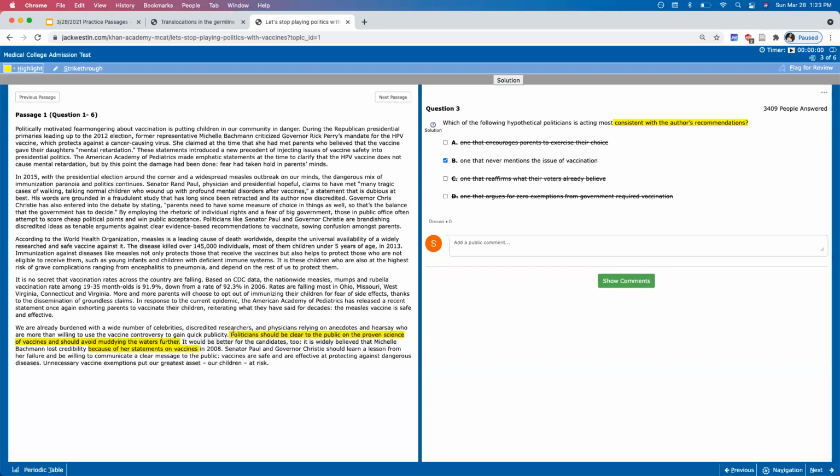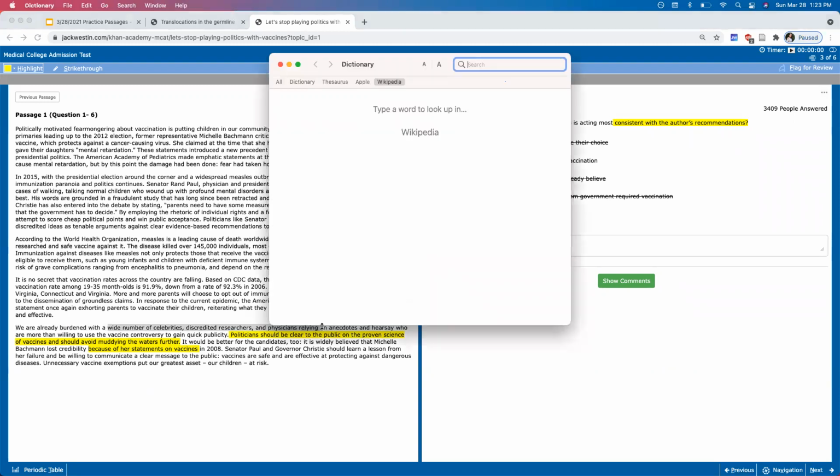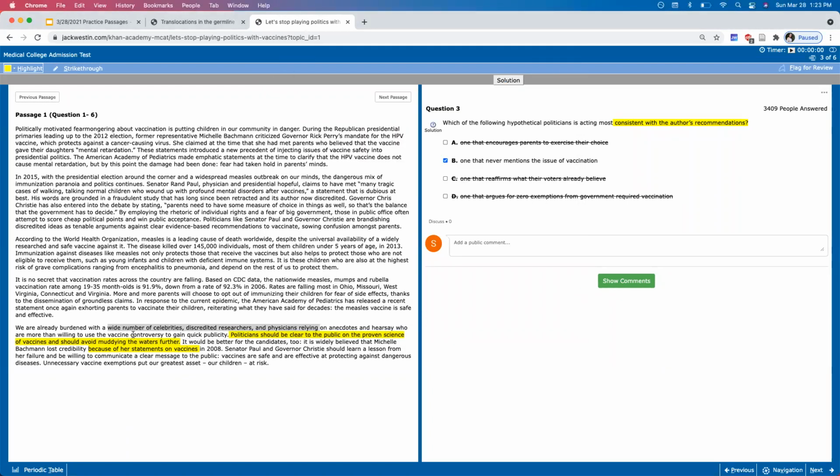The author is really clear what she wants from politicians. They should be clear to the public on the proven science and should avoid muddying the waters further. So because so many people are talking about the vaccines and relying on anecdotes, people are just using the vaccine to gain publicity.